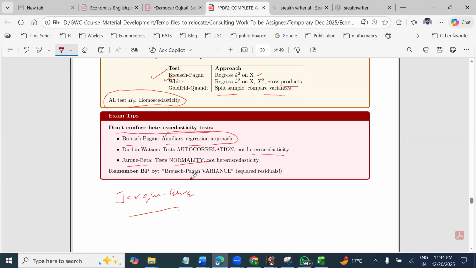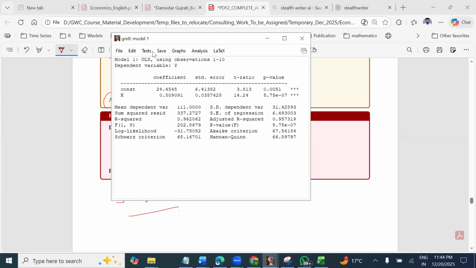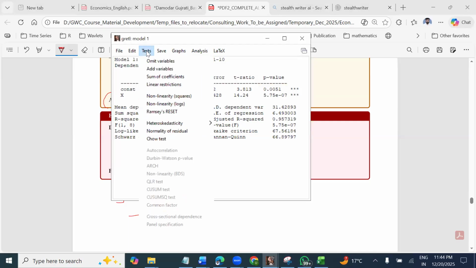Let me show you. Suppose this is the regression model which we had estimated yesterday, isn't it? Yes, sir. So what you will do is simply check. Can you see?